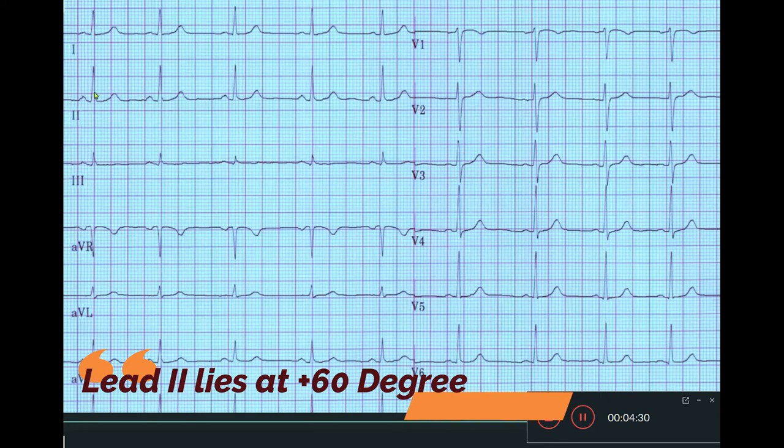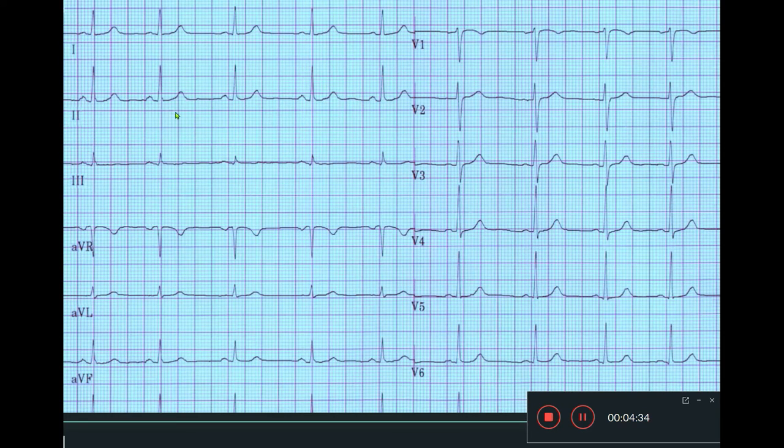The third method I taught you was to find the most isoelectric complex in the first 6 leads. There is no S wave out here, no S wave out here, no S wave. In fact AVL has a small s and a bigger R. So just extend your imagination and think that this is the isoelectric complex.